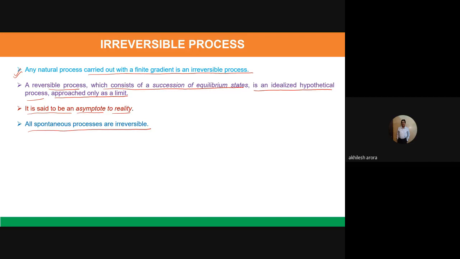So in case of a real system, there would always be irreversible processes. We can try to approach reversibility, but it's impossible to get a reversible process. So once again, to make you understand, all reversible processes are impossible processes. All processes which occur in nature are irreversible processes.